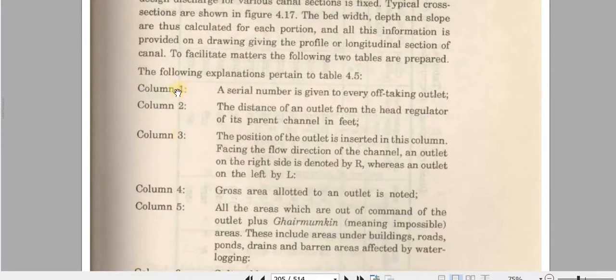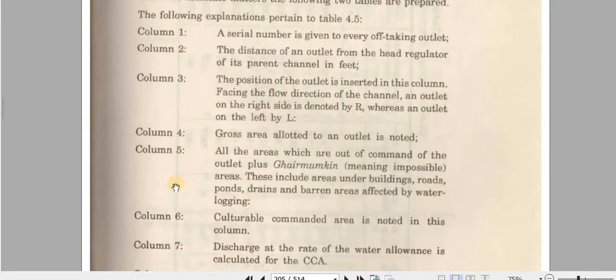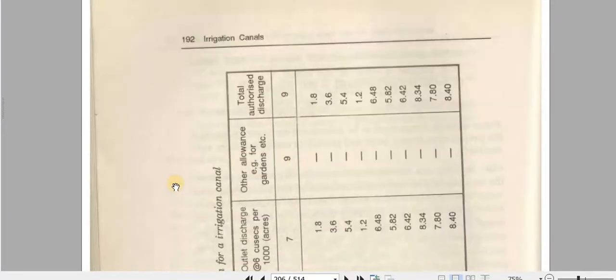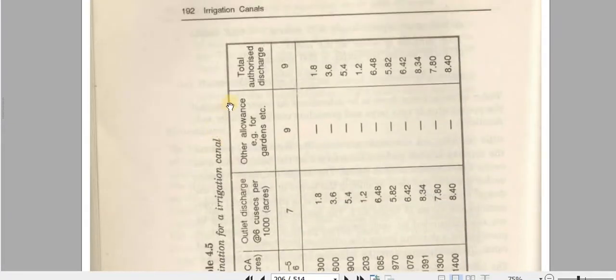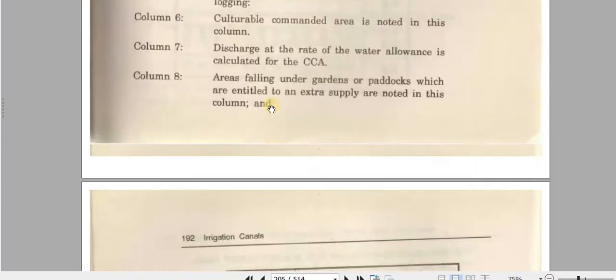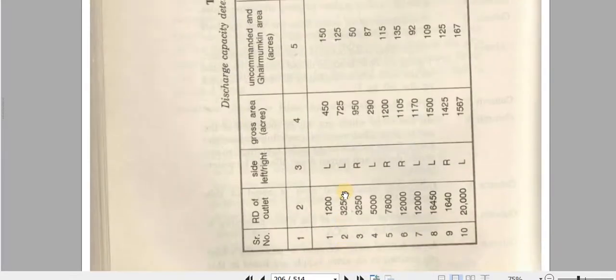Now, these are the column numbers 1 to 8, 9. So these are the column numbers. So column 1, we will start from here, and let me rotate the screen.